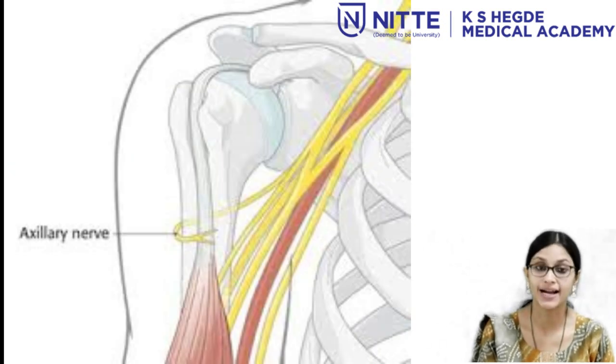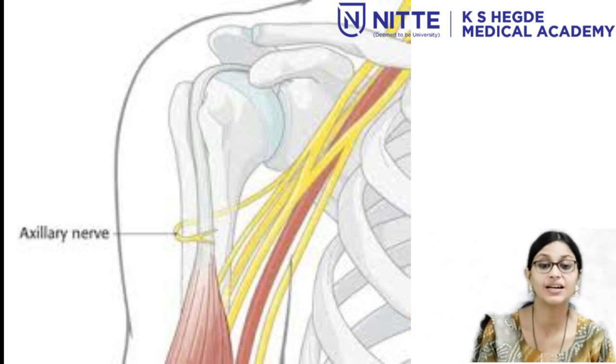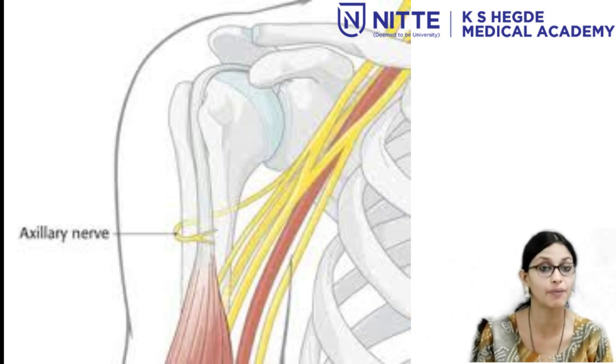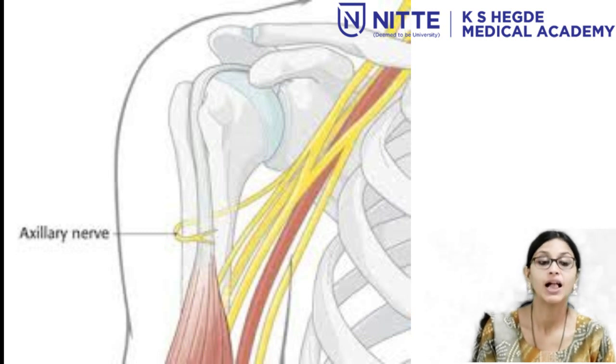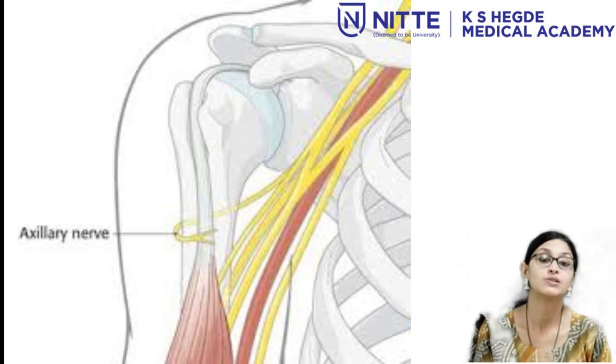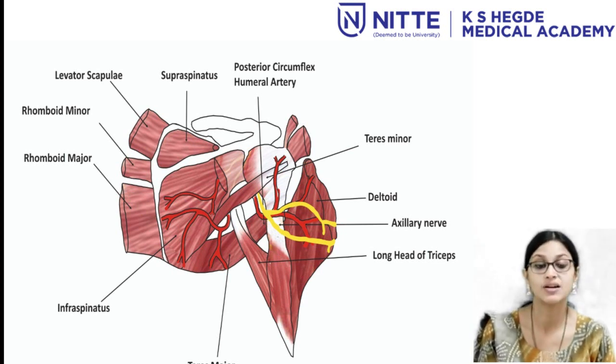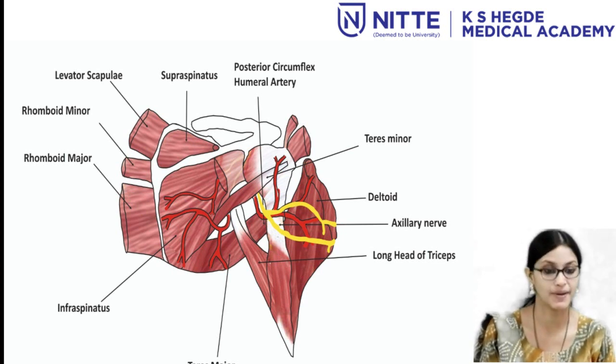Next, moving on to the axillary nerve. This is one of the stout branches given by the posterior cord and conveys the fibers from C5 and C6. The nerve is situated behind the third part of the axillary artery and on the lateral side of the radial nerve. So it leaves the posterior wall of the axilla along with the posterior circumflex humeral vessels through a space called the quadrangular space.